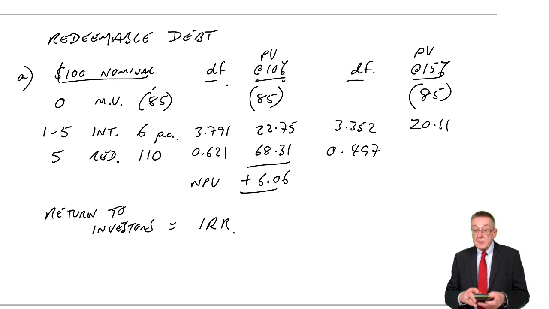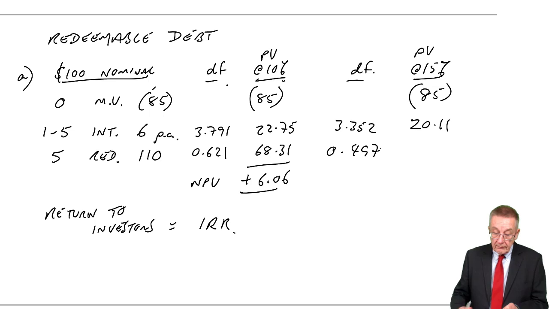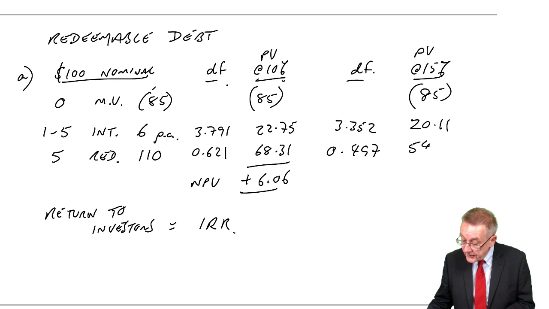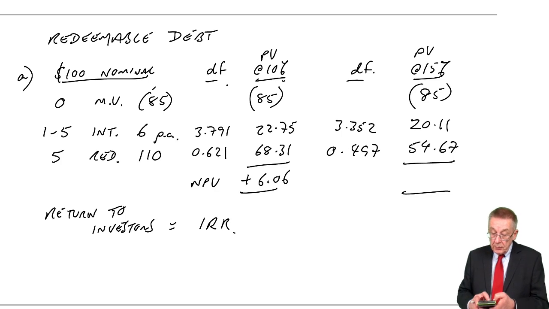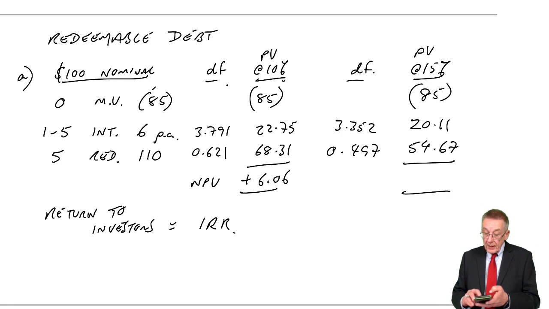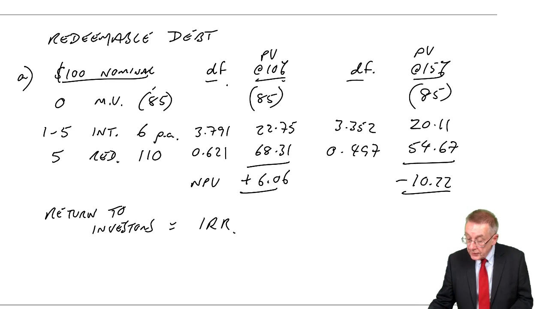So 110 times 0.497 is 54.67, giving a net present value of 20.11 plus 54.67 minus 85, which is minus 10.22.